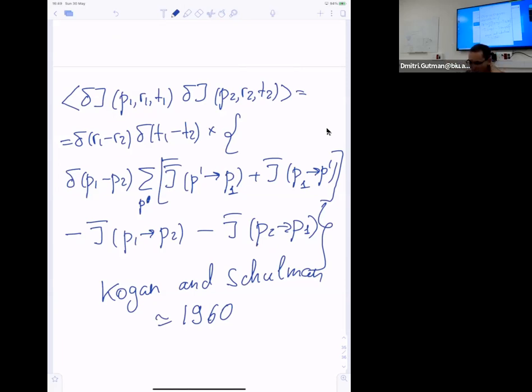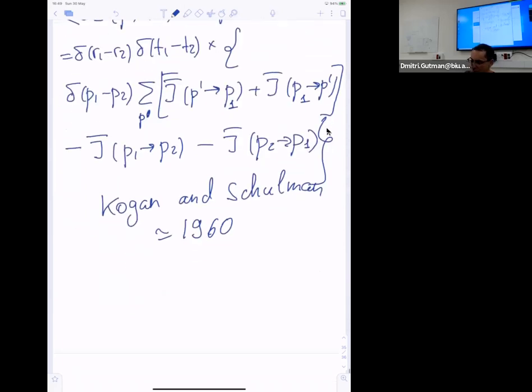If you want to just Google it, it's mentioned in Physical Kinetics by Lifshitz and Pitaevskii. The papers are not comprehensible, and the book maybe is, maybe not.